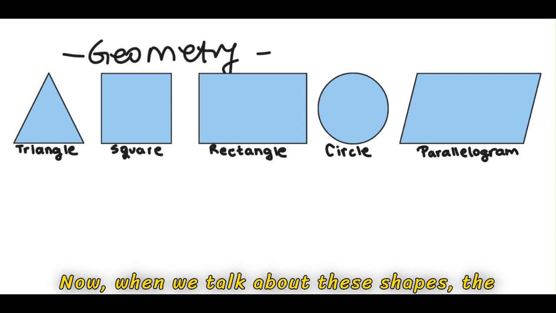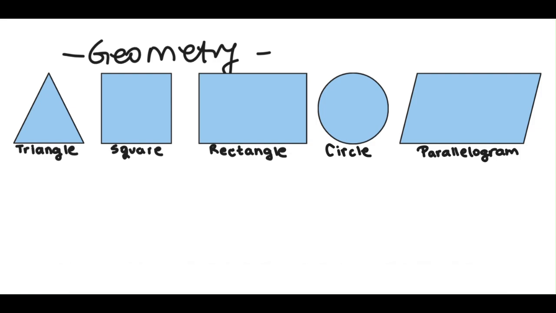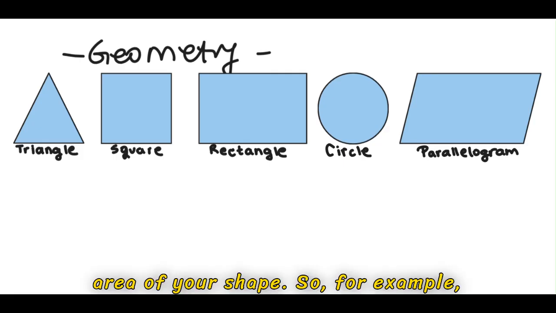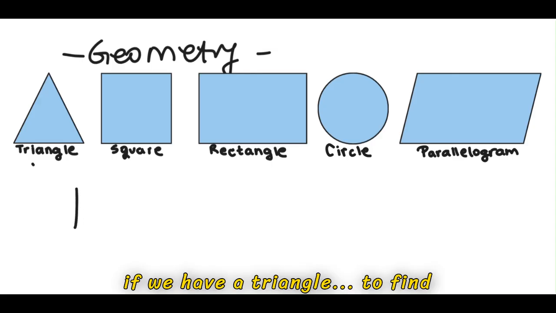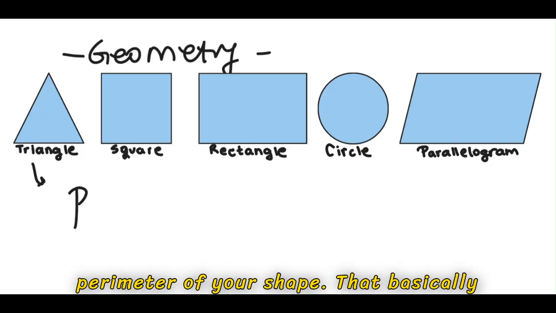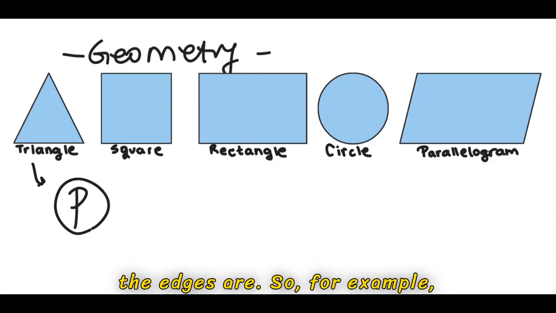Now, when we talk about these shapes, the main two things that we need to find are the perimeter of your shape and the area of your shape. To find the perimeter of your shape, that basically means to find how long the edges are.